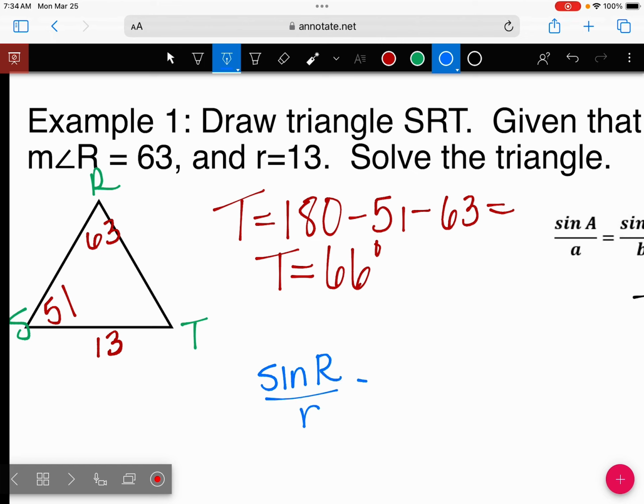So we're going to take the sine of big R over little r, and I'm going to set that equal to the sine of, and I'll find S first, big S over little s. That's what we're going to use.